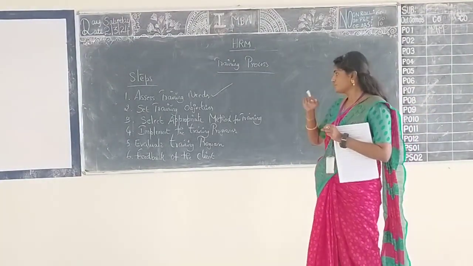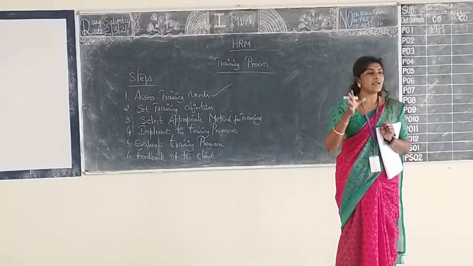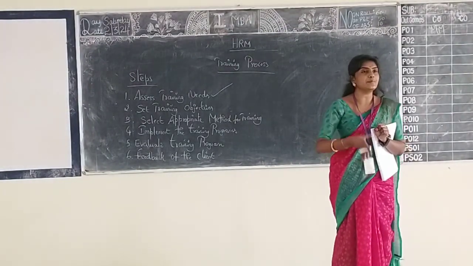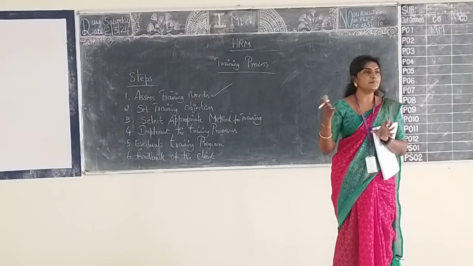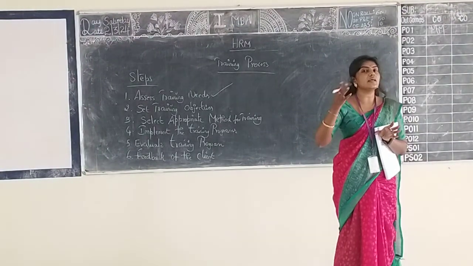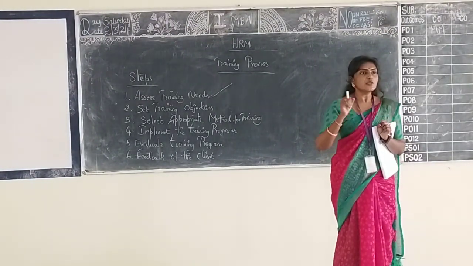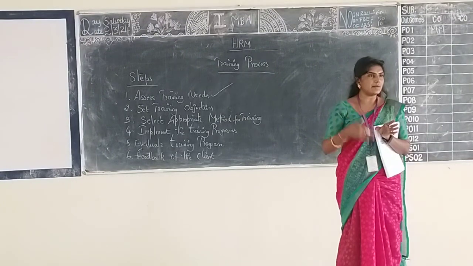The objectives must be related to the organization. So before setting the objectives you must check that the relationship between the employee and the job matches. Also, the objectives must relate the actual current performance and the desired performance. So now you have set the objectives.